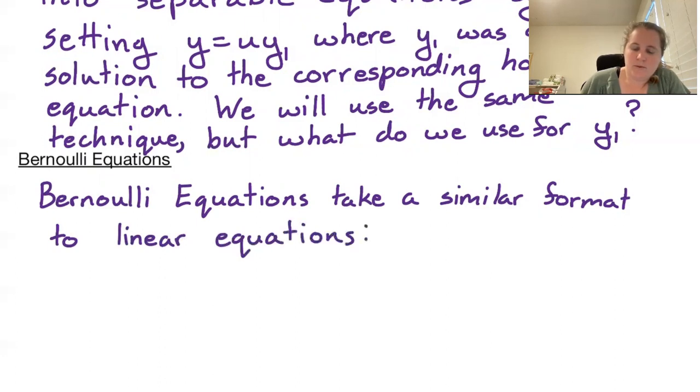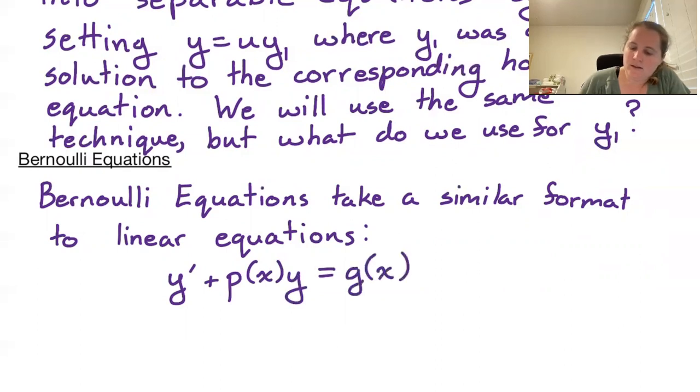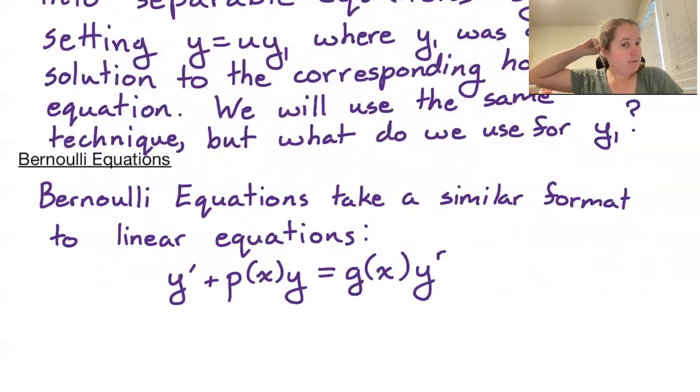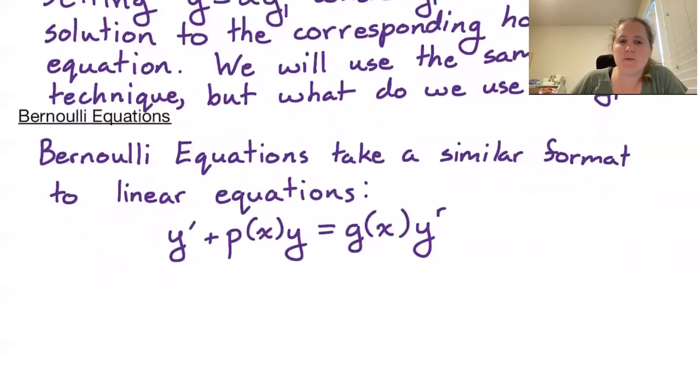So what we're looking at here are y prime plus p of x times y is equal to g of x times y to the r. So that times y to the r makes this no longer linear, but you can see that the format looks very similar to what we've worked with before.